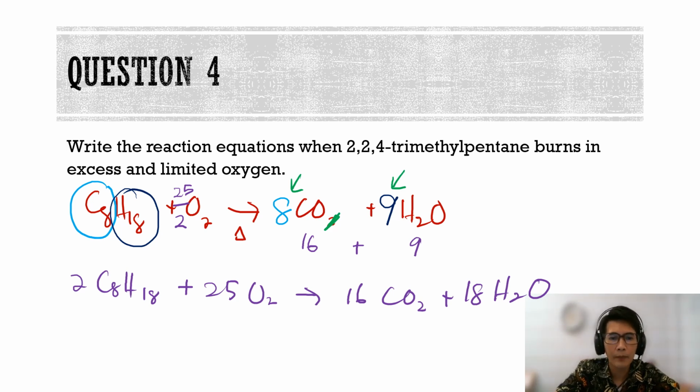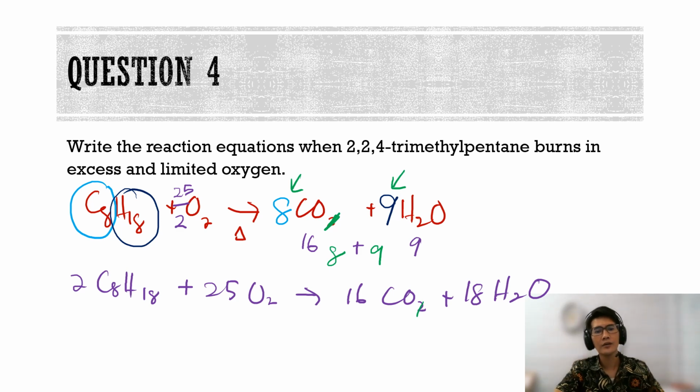So sini 8, sini 9, so total is berapa tu? 8 campur 9 is 17. So 17 over 2. So darab 2 untuk keseluruhan. Persamaan jadilah 2C8H18 plus berapa tadi? 17 O2 produce 16 CO sahaja kan, plus 18 H2O.